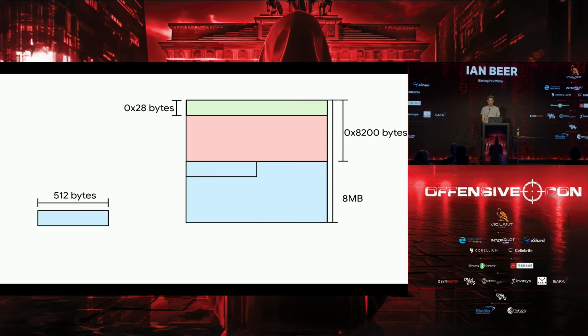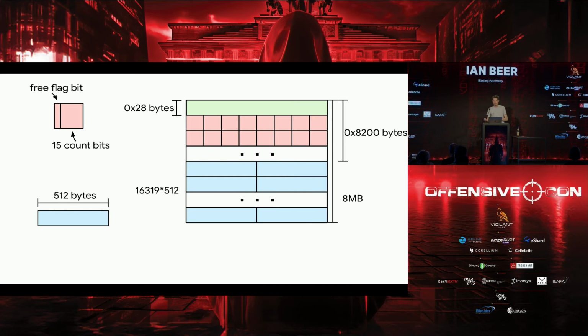For each of these 512 byte chunks, you have an associated 2 byte metadata word, which is split into a free flag bit and 15 count bits. For each chunk, you get a metadata word like this. And this splits up into 16,319 512 byte chunks. Obviously these regions, depending on allocation patterns, can be together or far apart, or there can be other regions or other kinds of things.